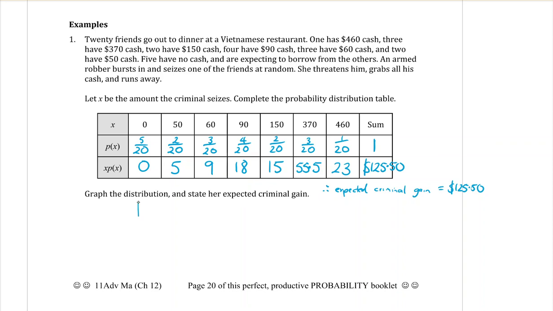So the graph. Remember that the horizontal axis is our x-axis for our random variable. We've got increments there going up to 460, so I'm just going to go up by 50s.